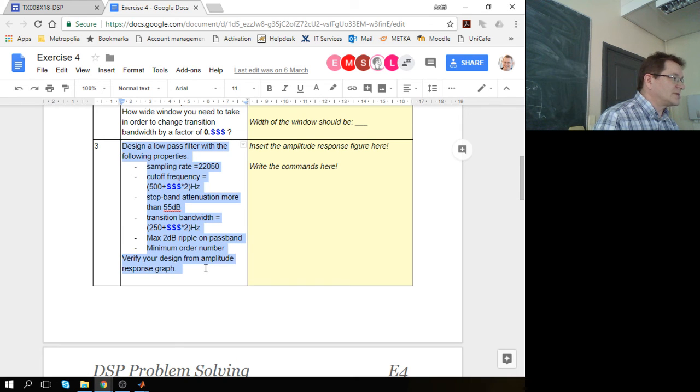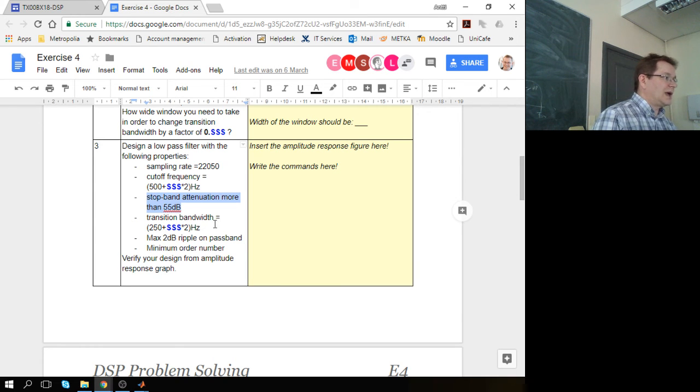There are the parameters. You need to start with the cutoff frequency. Then there is a stop band attenuation requirement, and you must select an appropriate window shape for that.